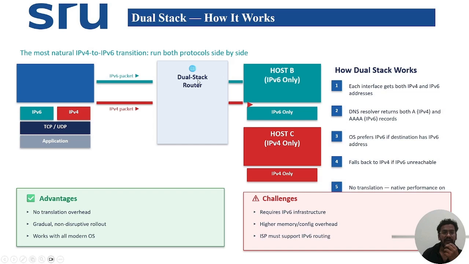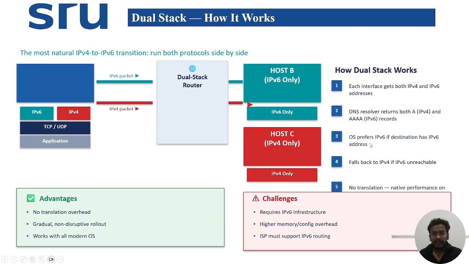Each interface gets both IPv4 and IPv6 addresses, then the DNS resolver returns both A records for IPv4 and AAAA records for IPv6.